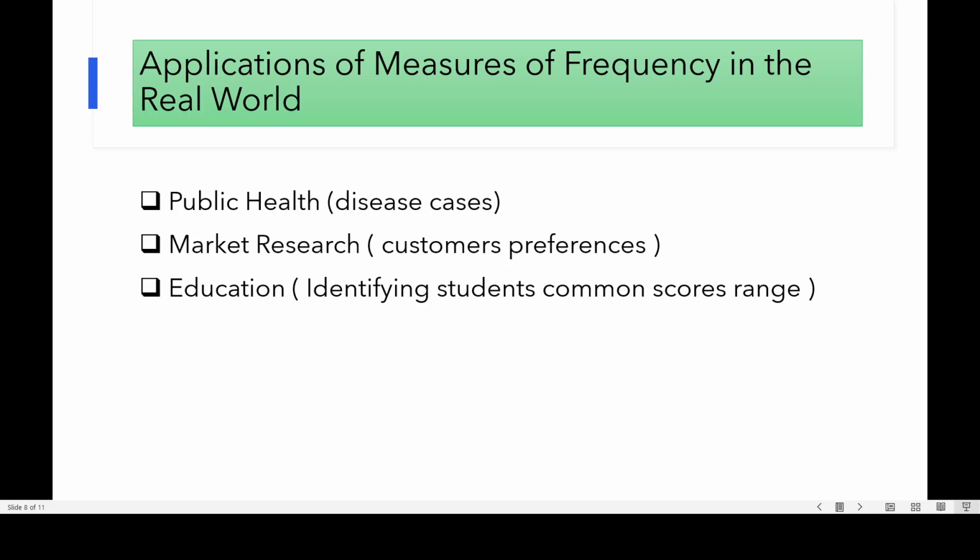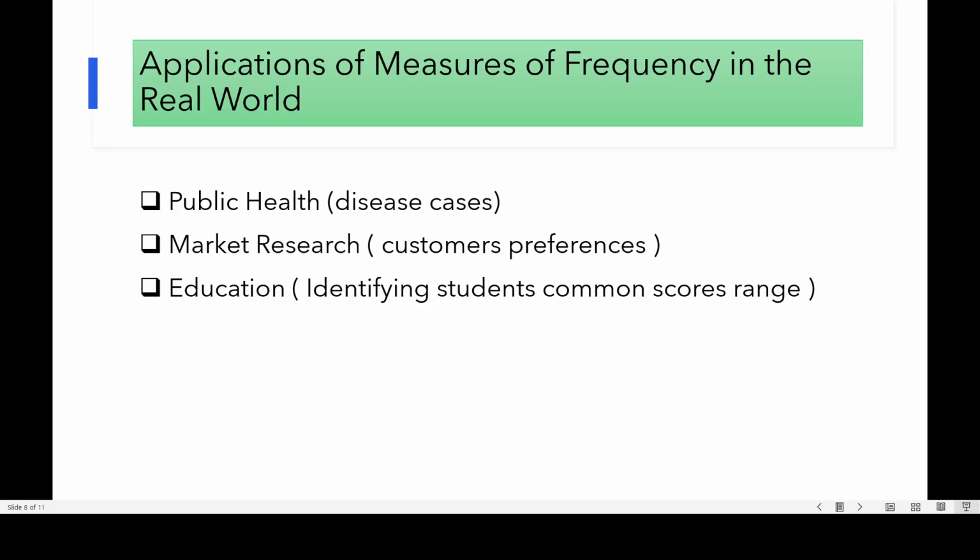Applications of frequency measures in the real world. In public health, we can count the number of disease cases in different regions to monitor outbreaks, for example COVID-19 cases by day or region.